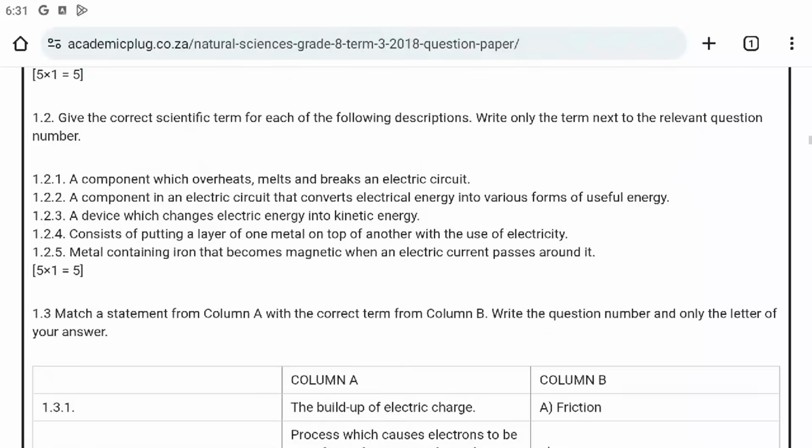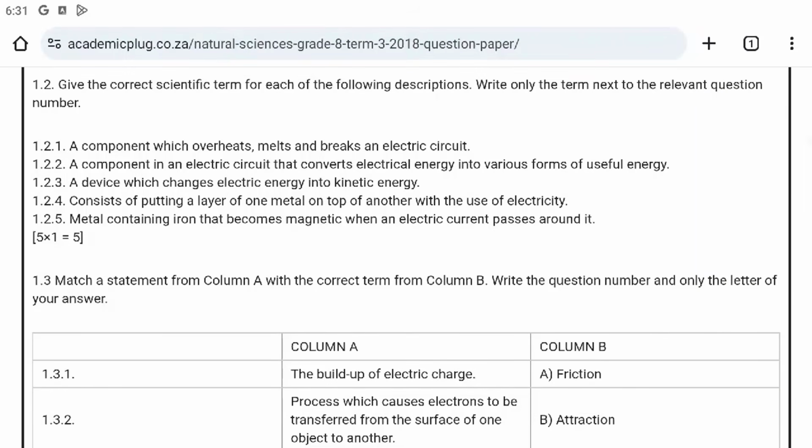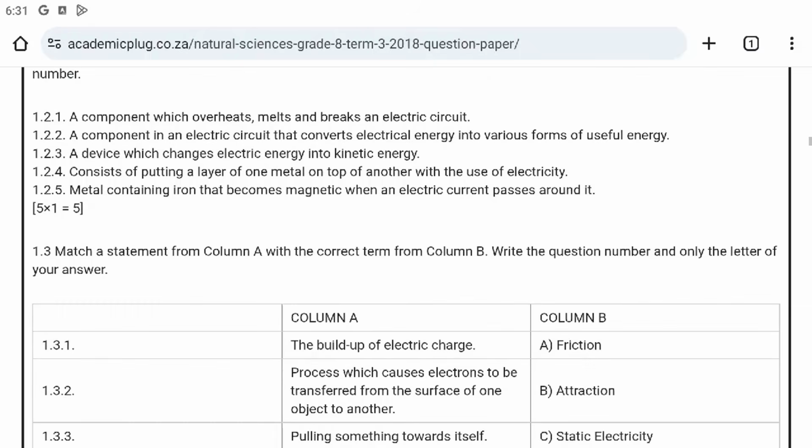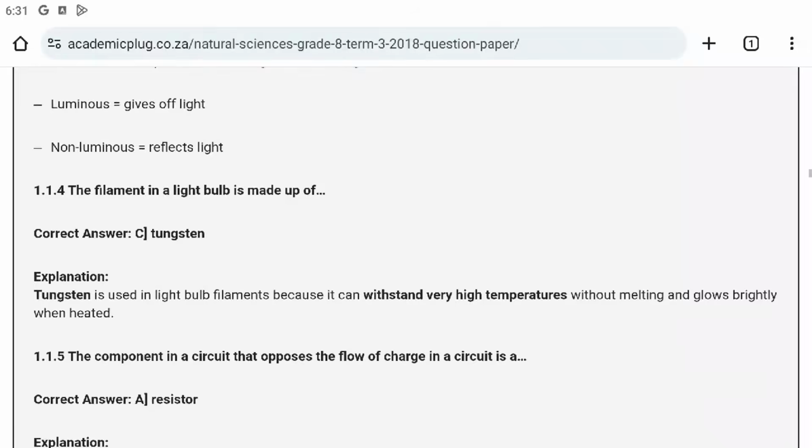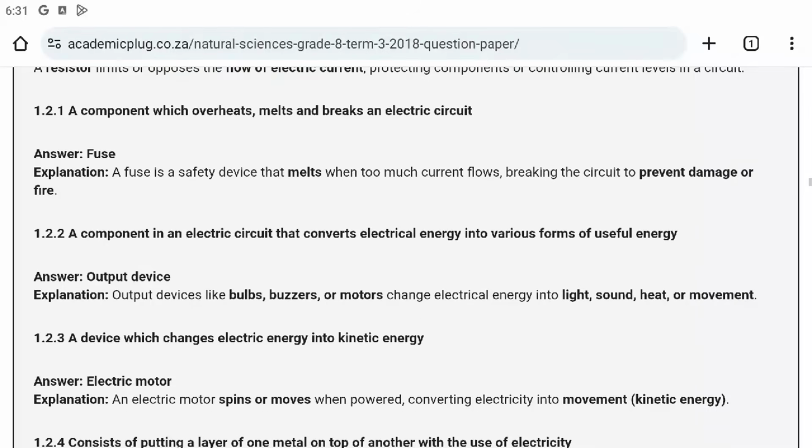1.2.1, a component which overheats, melts, and breaks an electric circuit. Answer is fuse.